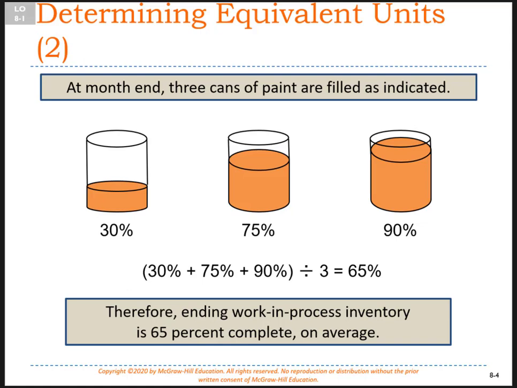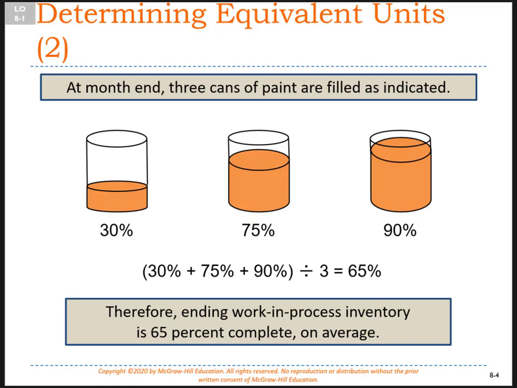Now, what I want to make sure we understand is that equivalent units or percent complete is always an estimate, and therefore it has some level of judgment that goes into it. There is no exact science to doing this. But what we're saying is between these 3 cans of paint, they're 65% complete.